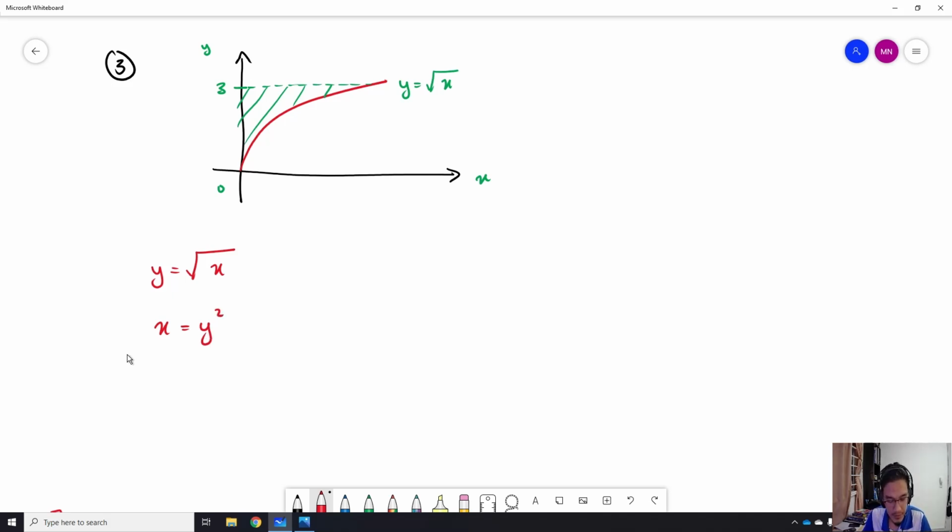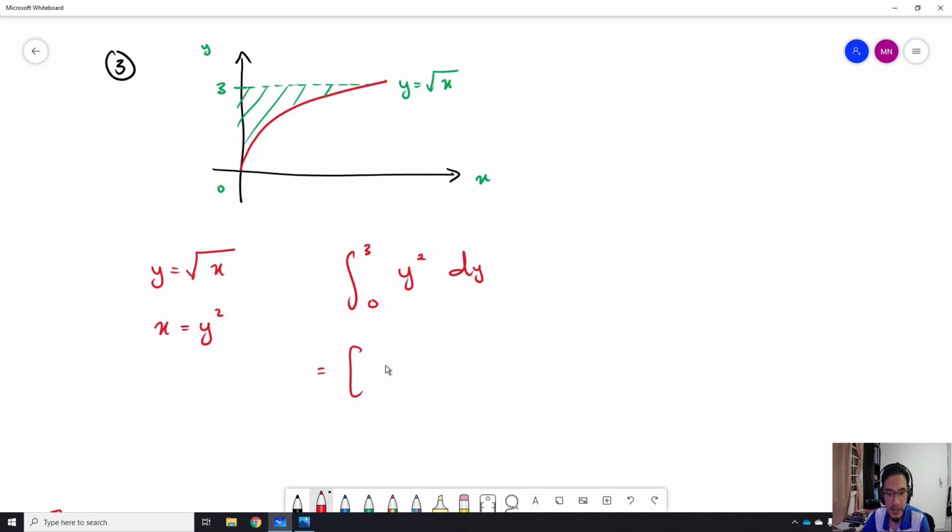So our equation for integration becomes from y equal to 0 until y equal to 3, and right here we put y square dy because we want to find the area between the graph and the y-axis.